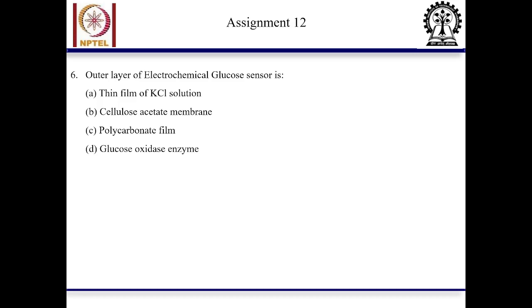Okay, now question number 6. The outer layer of the electrochemical sensor is a thin film of KCl, cellulose acetate membrane, polycarbonate film, or glucose oxidase enzyme. Can anyone tell what the answer is? What is question number 6?